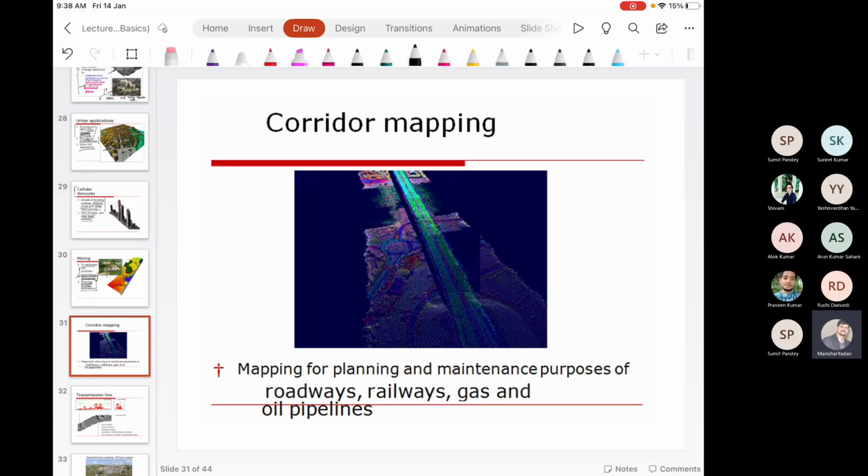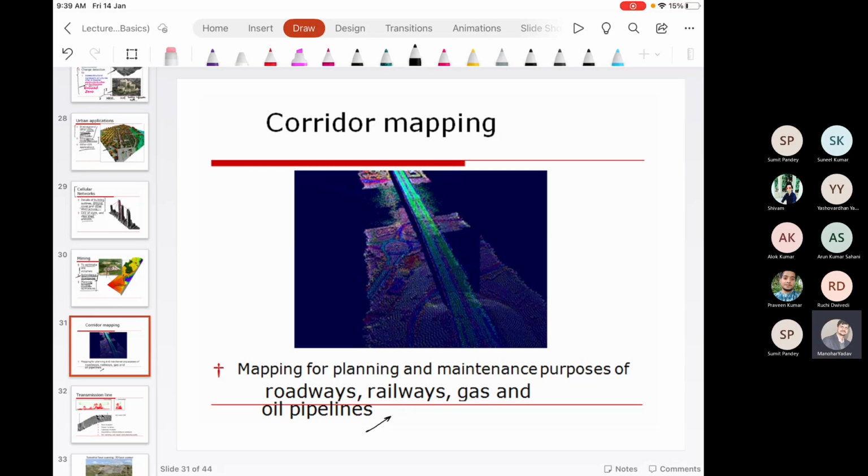Now the corridor mapping, whether it is rail or road. Nowadays, specifically for rail and road, the mobile LiDAR system has been adopted as a remote sensing technique. It is a preferred choice for roadway related construction and maintenance.